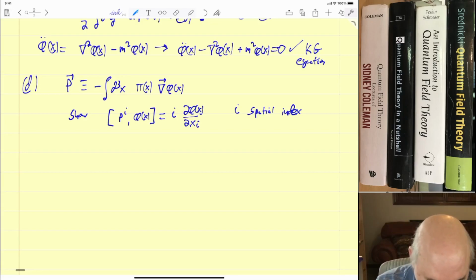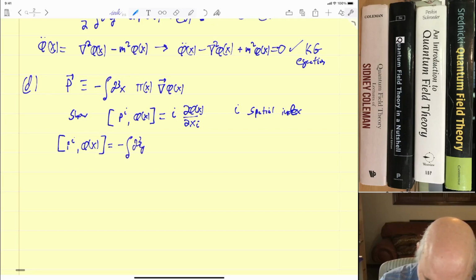Okay, back to theoretical physics. So let's just evaluate this. Pi, phi of x is equal to minus the integral of d3y times the commutator, just substituting in this definition over here, of pi of y, partial i phi of y, comma, phi of x.